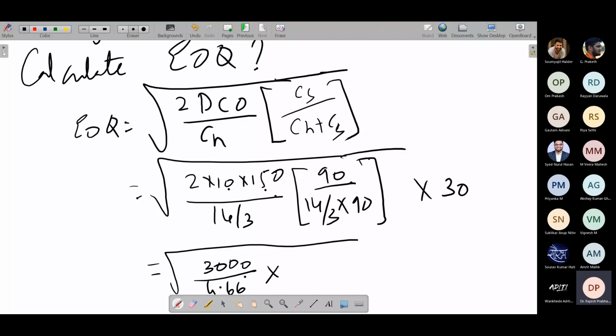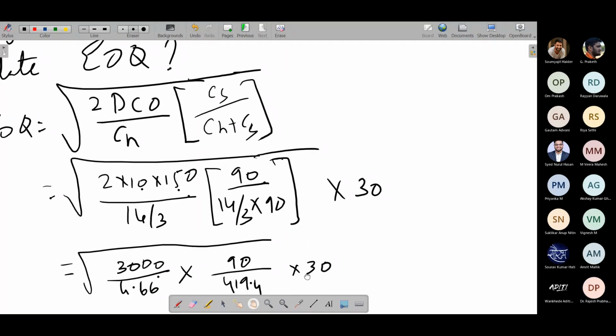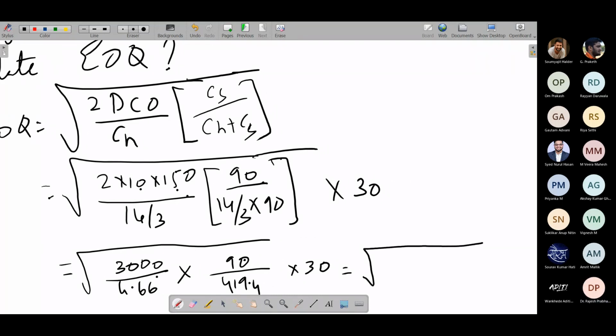Into 643.77 into 90 divided by 409, 0.214.